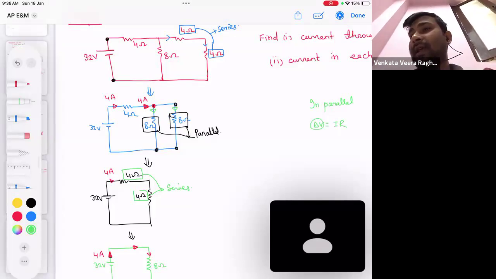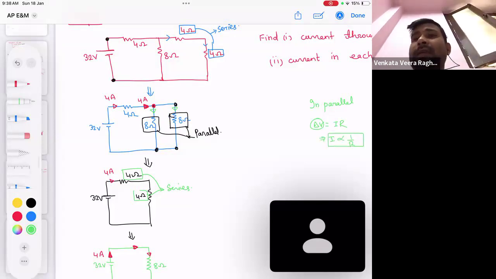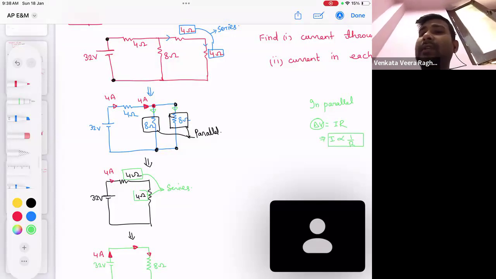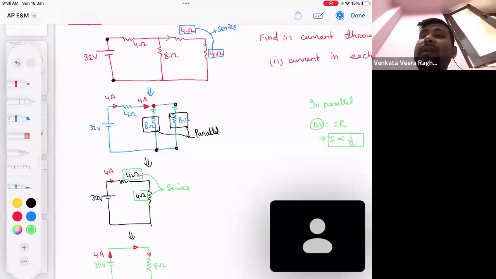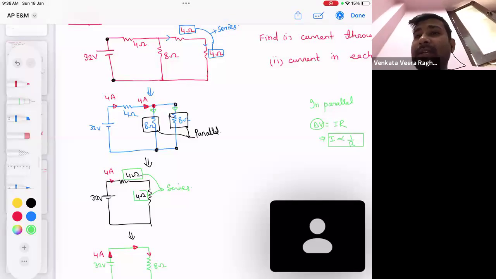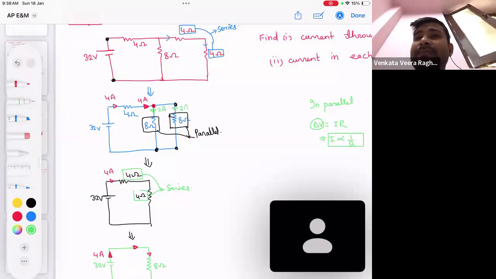That means I will be inversely proportional to R, right? So here 4 ampere will come. Should I distribute it in the inverse ratio of resistance? And as these two resistances are equal, can I say equal current will be distributed in these two branches?